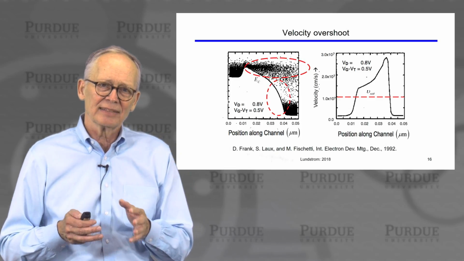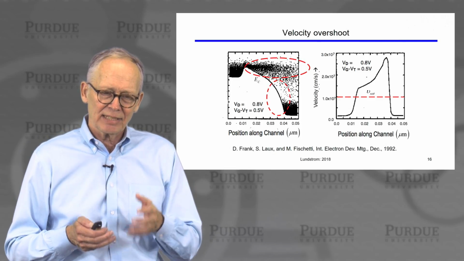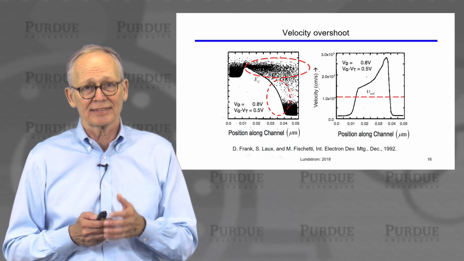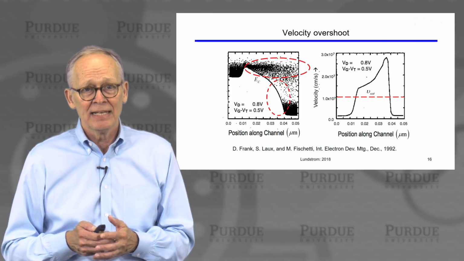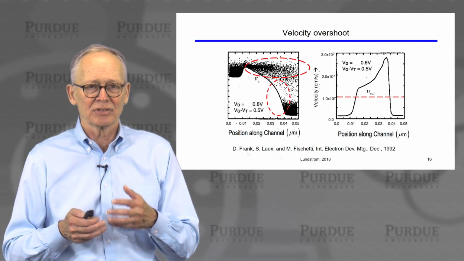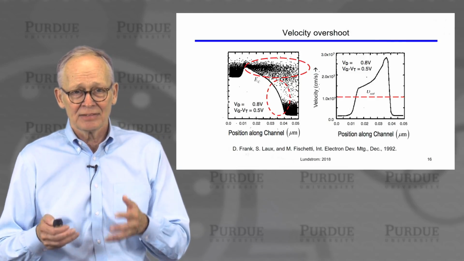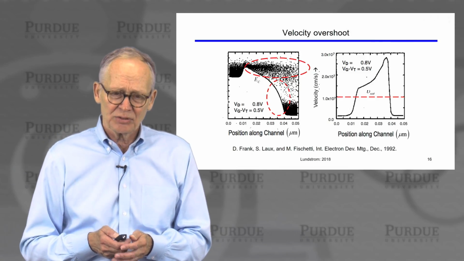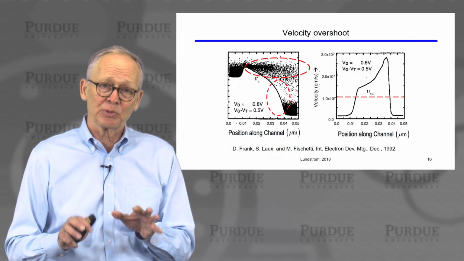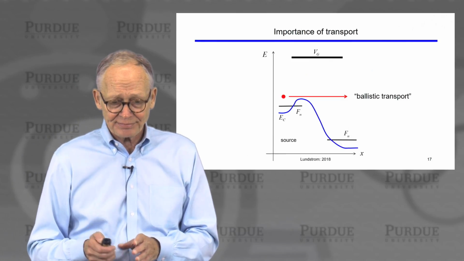But the basic reason that this is occurring is because the electrons are zipping across the channel so fast that they don't have a chance to scatter very often. They get out of the device before the scattering has been able to slow their velocity down to 1 times 10 to the 7th. So this phenomenon is called velocity overshoot, and we know that it's present in modern transistors.